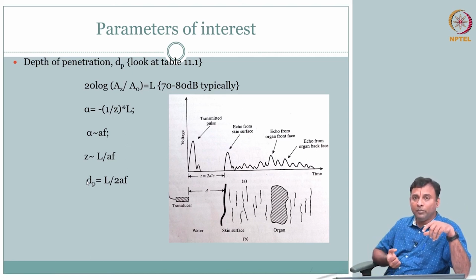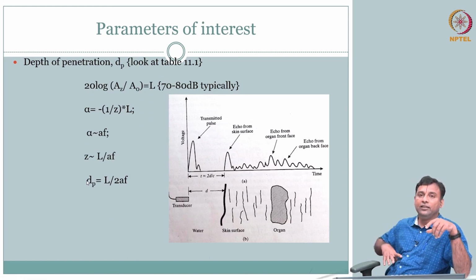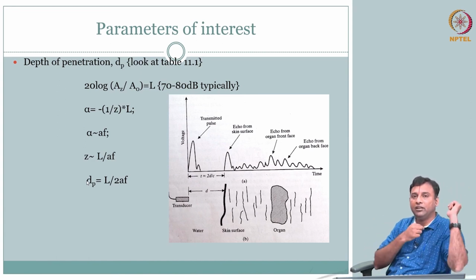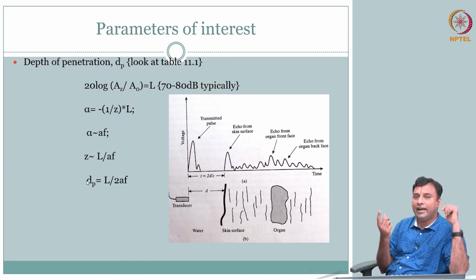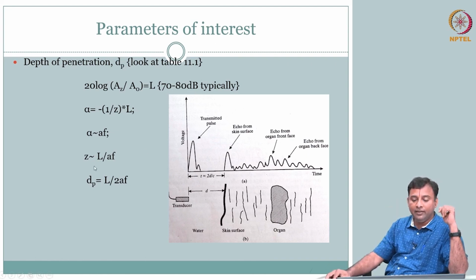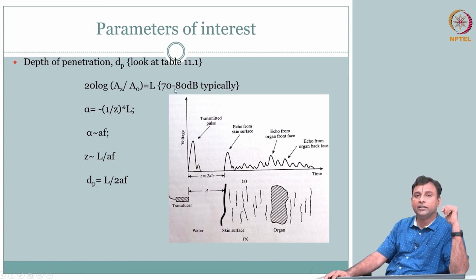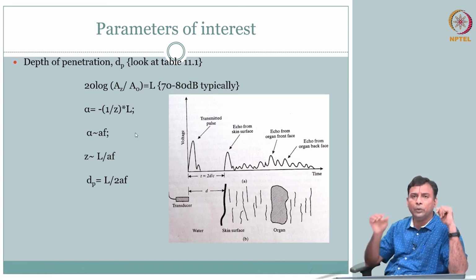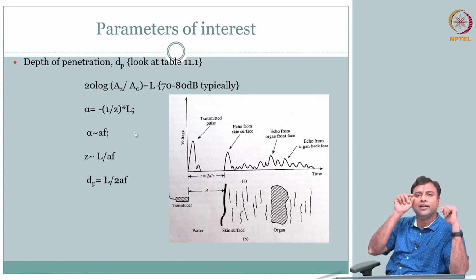So if you want to do abdomen scanning, typically you want to see deeper, 10-15 centimeters. So you will use a lower frequency. But if I want to do something superficial, then I can go for a higher frequency. Like I said, for the eye, you are looking at a depth of 1 centimeter kind of, or even less. So that is very small, and therefore I can gain, if you believe the instrumentation is 80 dB tolerant, then I could actually have very high frequency, 20 megahertz, 30 megahertz, 50 megahertz I can have.